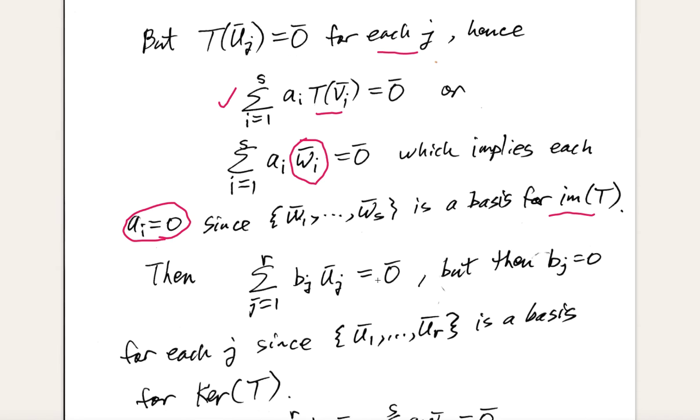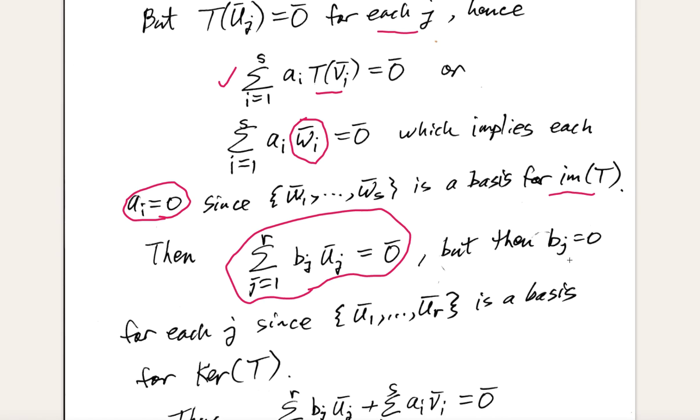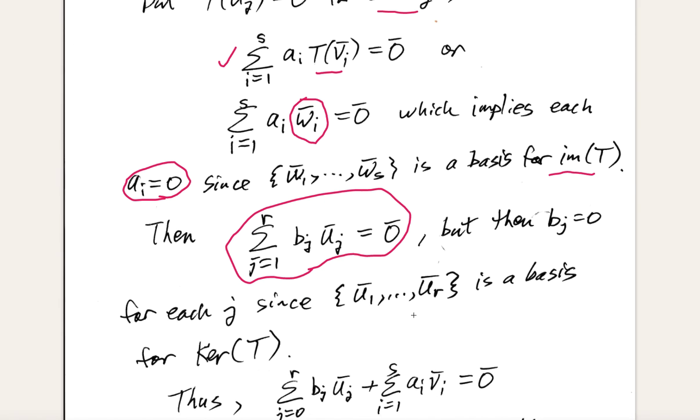Well, if all those a's are 0, then what we've actually got down is this situation here. So that linear combination is equal to 0. But then these b sub j's are 0, since the u's are a basis for the kernel.